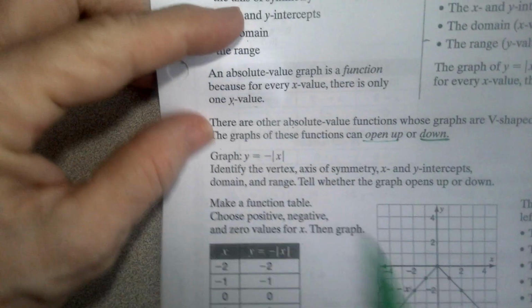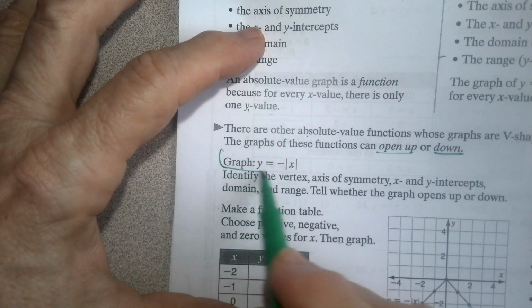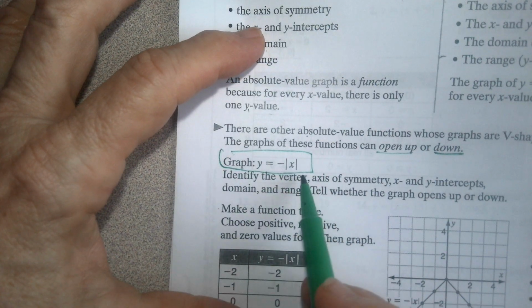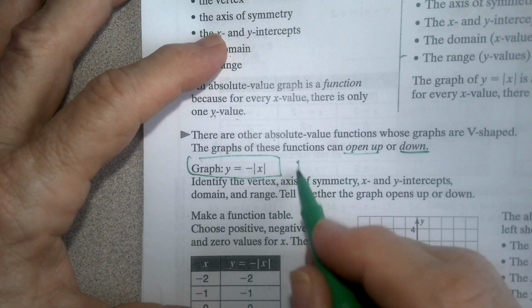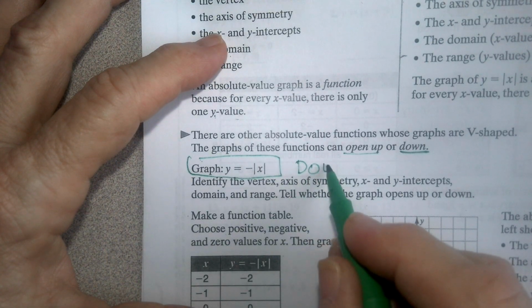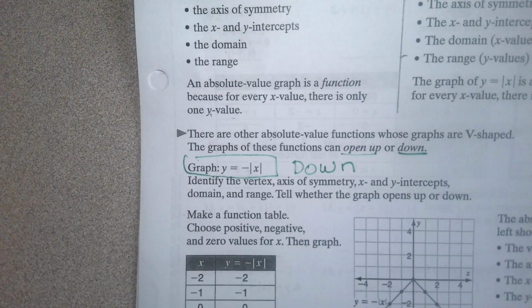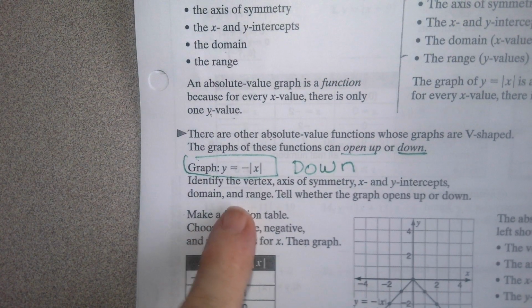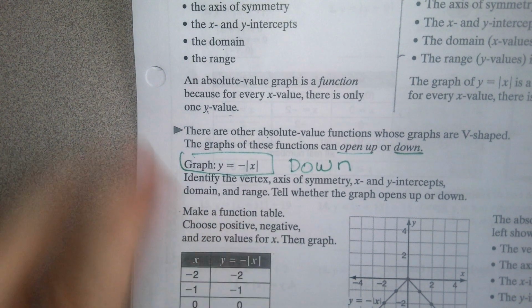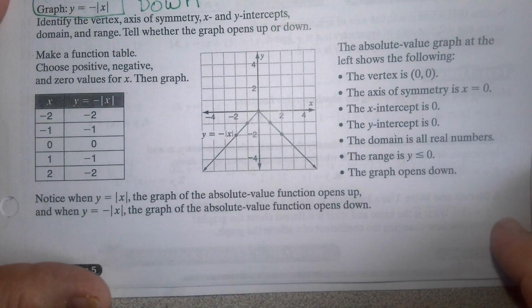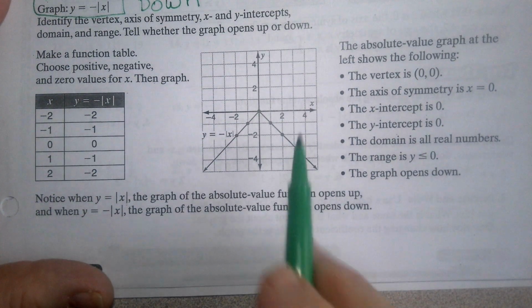If you see one like this, where there's a negative in front of it, it is going to open in a down pattern. And let me see, make a function table. It says identify the vertex. What is the vertex on this one? 0, 0. It's going to be right here.